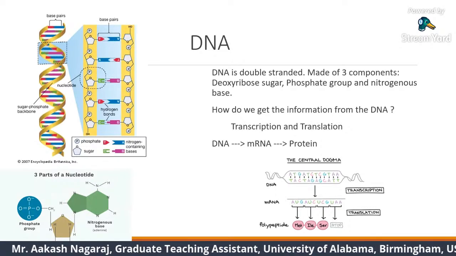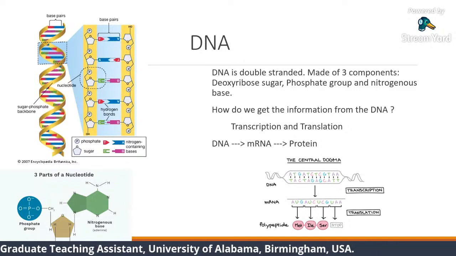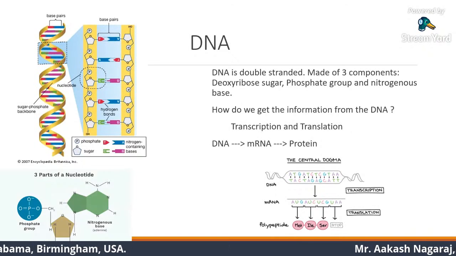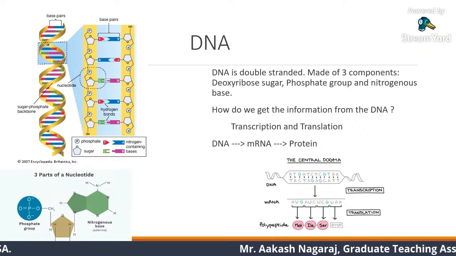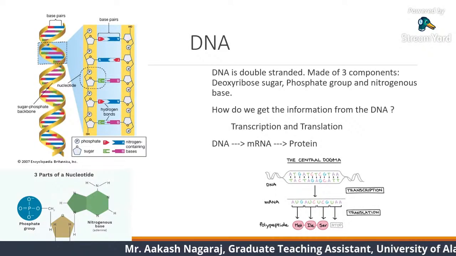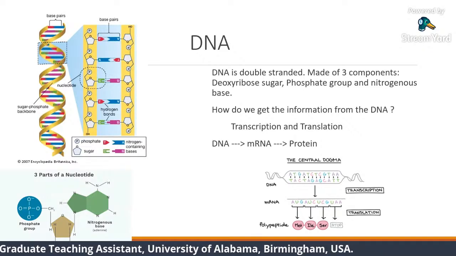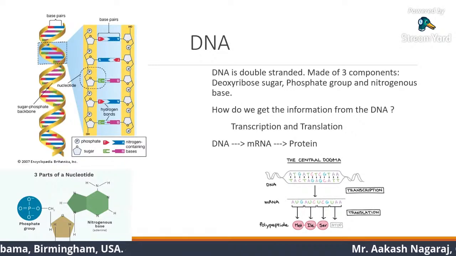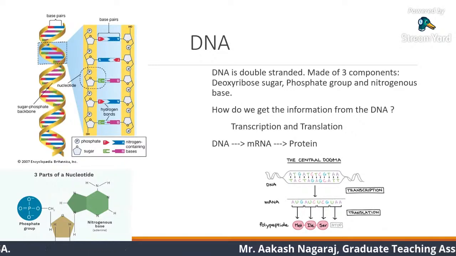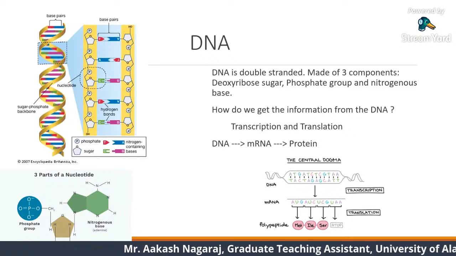The goal of these two steps is to produce proteins. Proteins are the main workforce of the cell, so all of the functions of the cell are done by proteins. So this DNA goes to messenger RNA, mRNA, and that goes to protein.